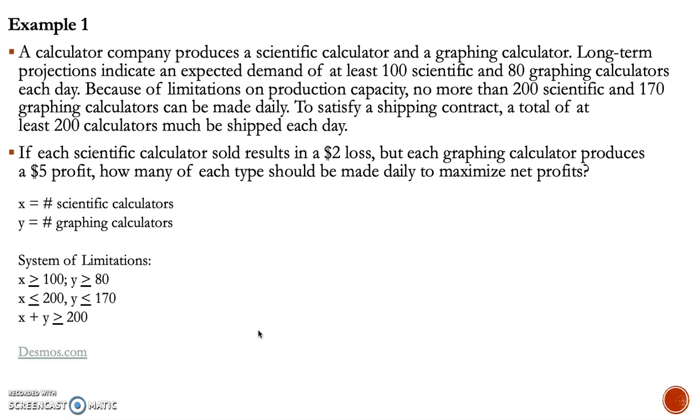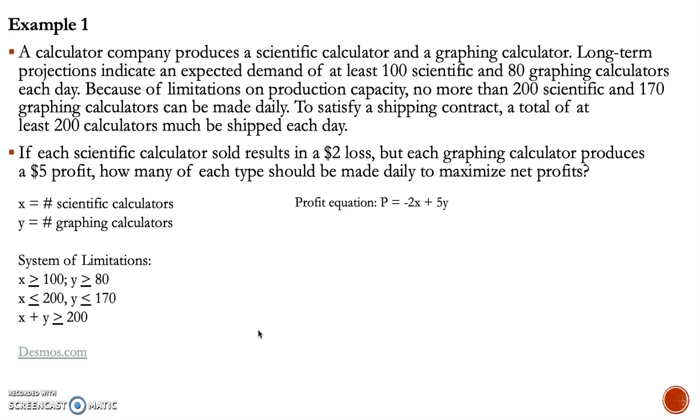And then finally, for the shipping contract, it says a total, so we're going to add up x plus y, scientific and graphing, and it needs to be at least 200 calculators each day. All right, once you have your system of limitations, then we're going to write what we call our profit equation, or our equation of optimization.